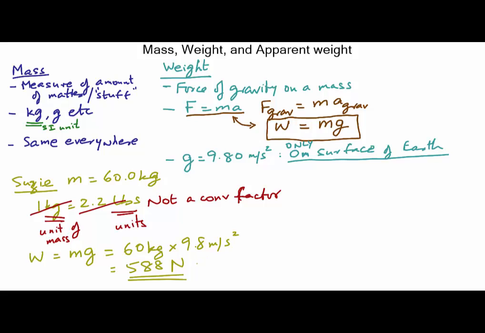And as a final step, we could convert this Newton to pounds. Now Newton and pounds are both units of force. We got a conversion factor, so we can change that over here as 1 pound equals 4.45 Newton, and that gives me 132 pounds.